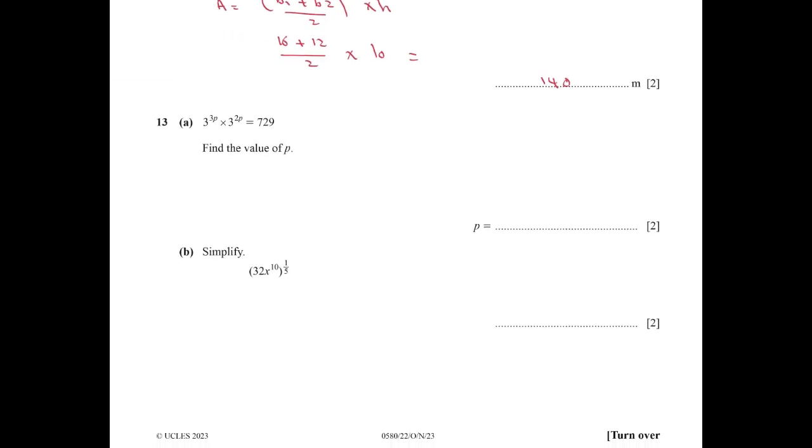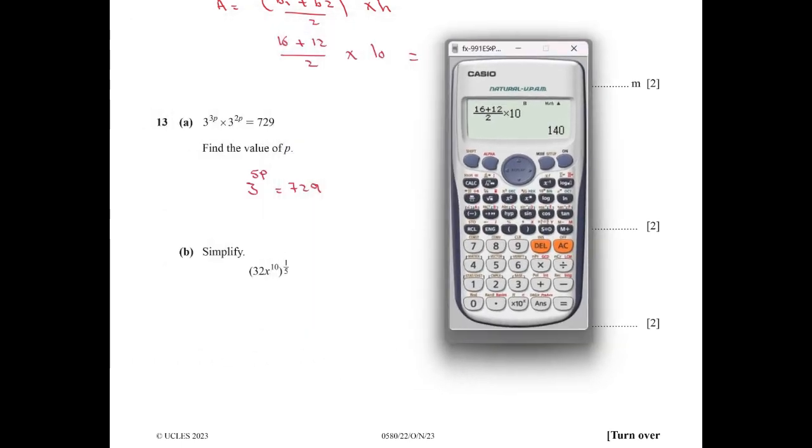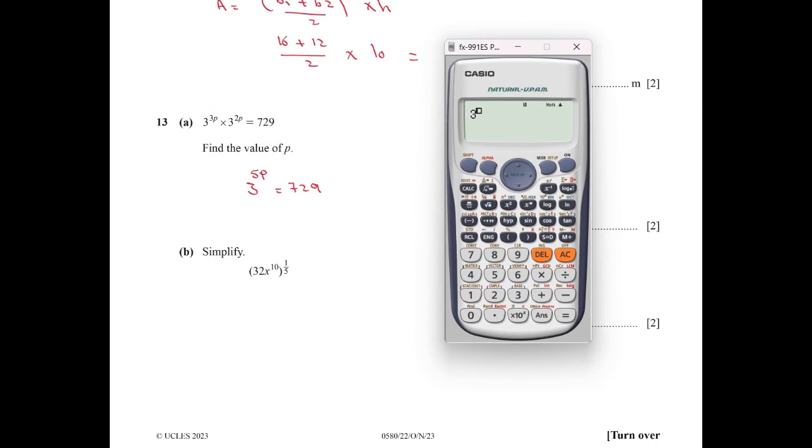Question 13. 13a, find the value of p. 3 power 3p times 3 power 2p. When multiplying, we add powers. So 3 power 5p is equal to 729. 729, by using trial and error. 3 power 7, no. 3 power 5, no. 3 power 6, yes. 729 is equal to 3 power 6. 3 power 5p is equal to 3 power 6.